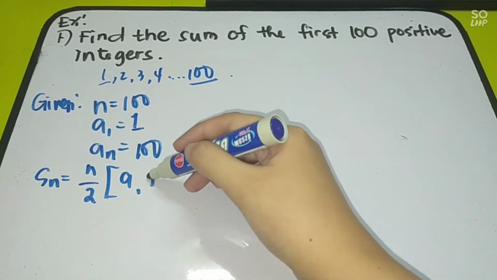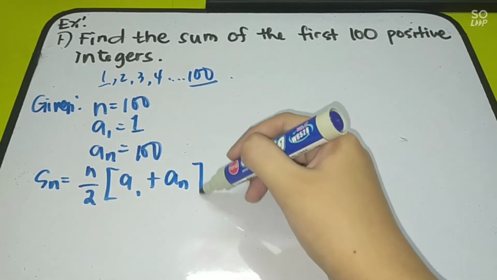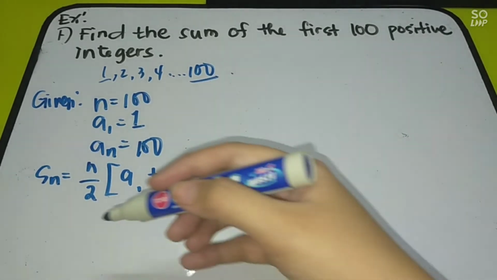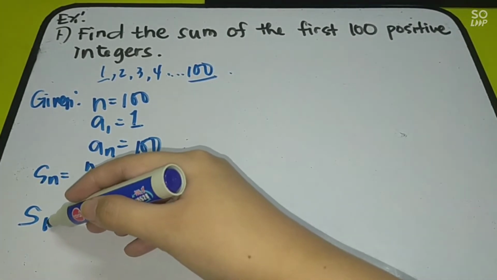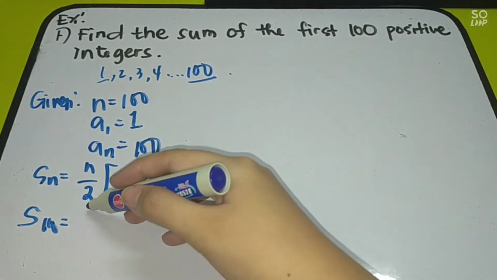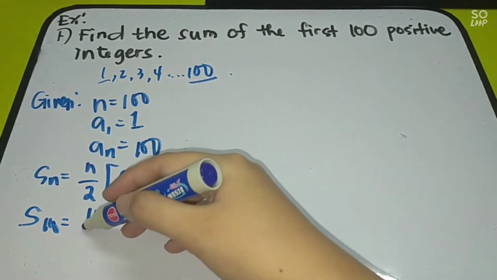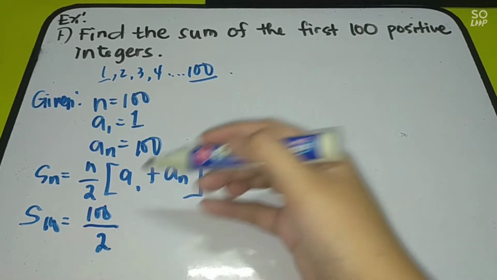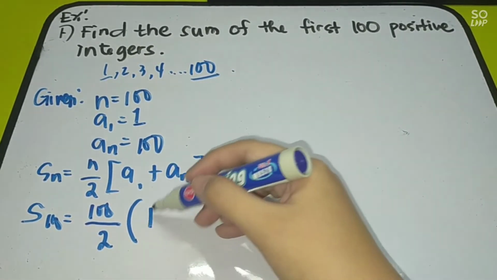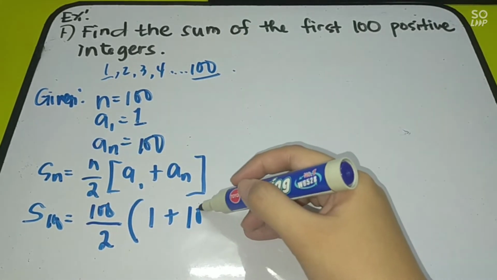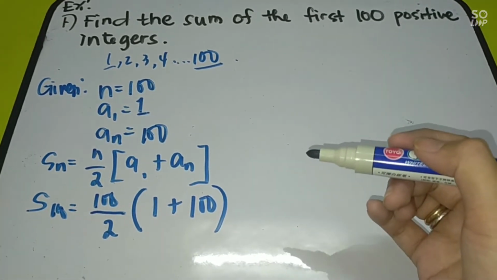Let us substitute. We have S sub 100. Our n is 100 because there are 100 terms. Then we have 100 over 2, multiplied by your first term, 1, plus the last term, 100.